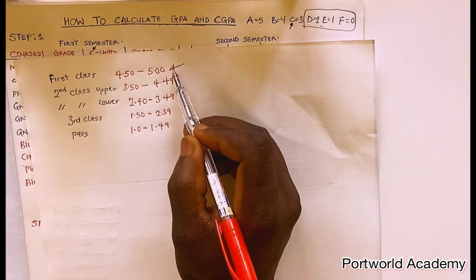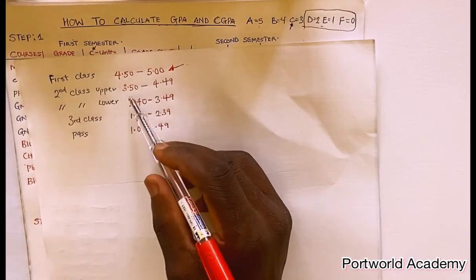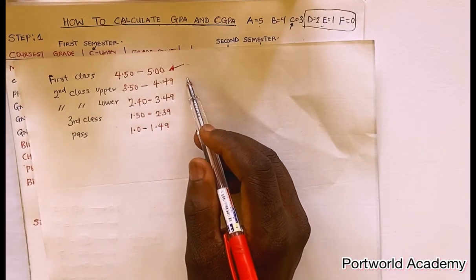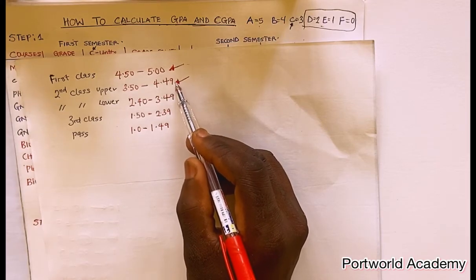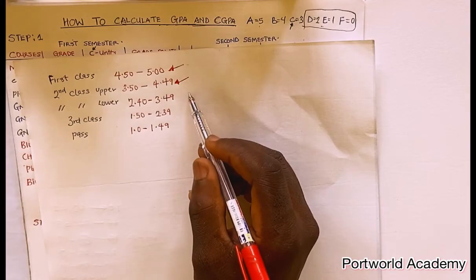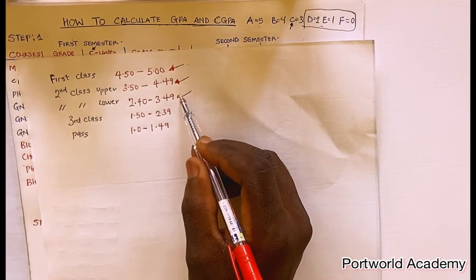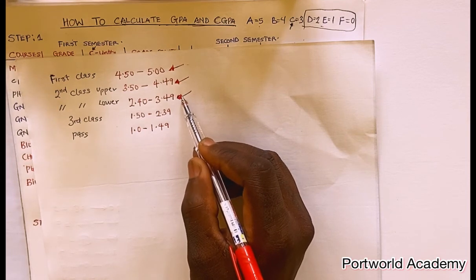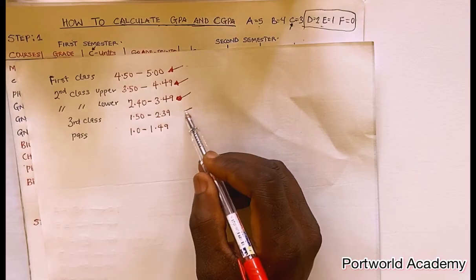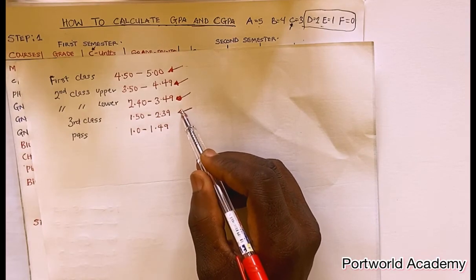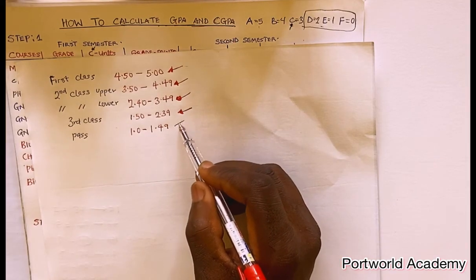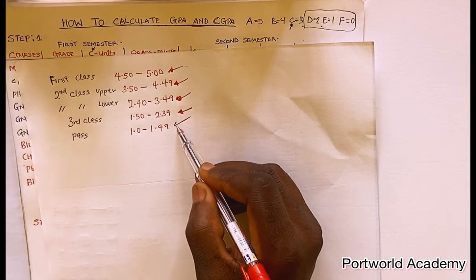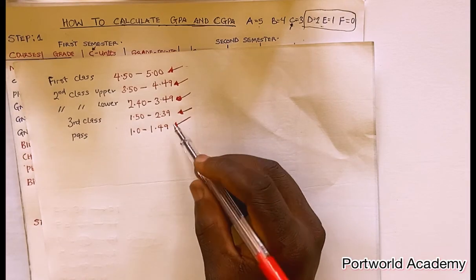If it is 3.5 to 4.49, that's second class upper. 2.40 to 3.49 is second class lower. 1.5 up to 2.39 is third class. And 1.0 to 1.49 is pass.